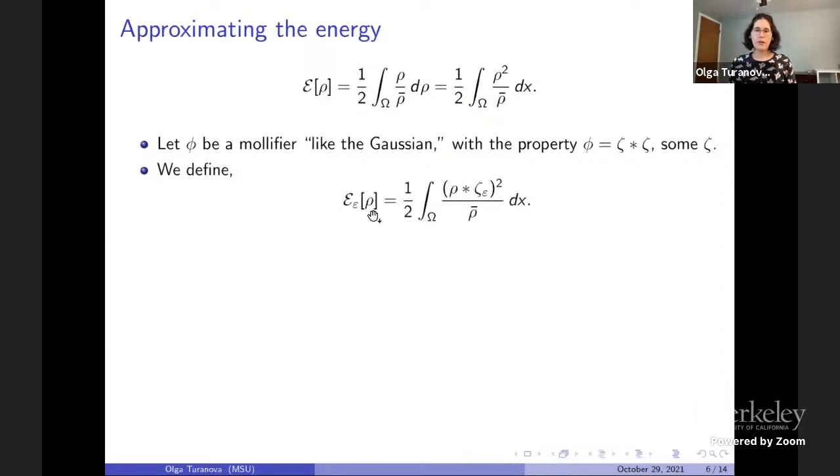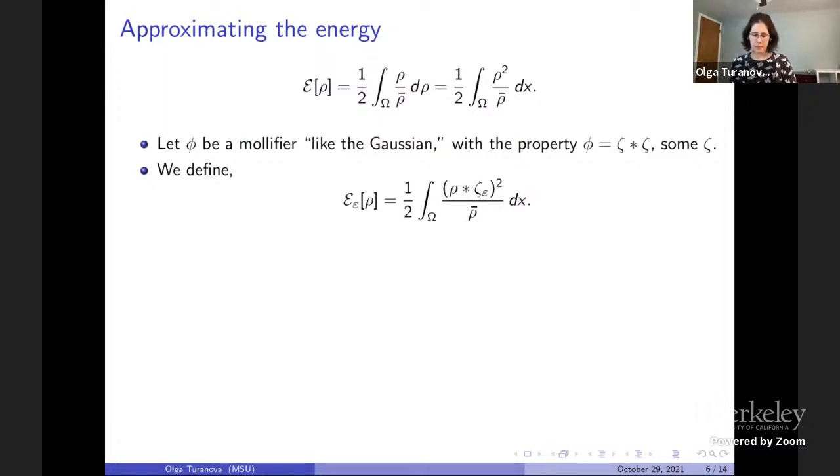We define the energy of rho to be the integral of rho convolved with zeta epsilon, where zeta epsilon is the usual rescaling of zeta, squared over rho bar. And if you notice, this is just our original energy E at rho convolved with zeta.